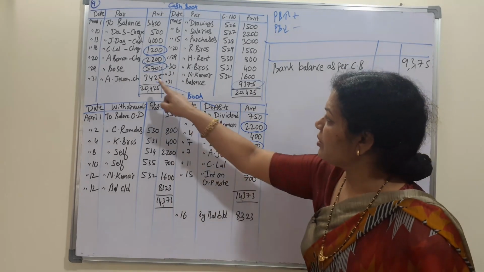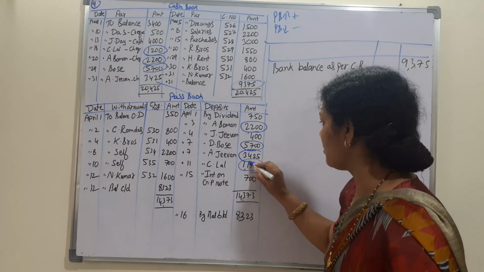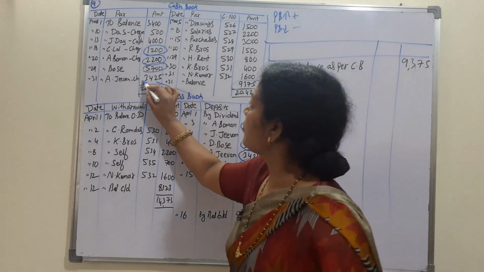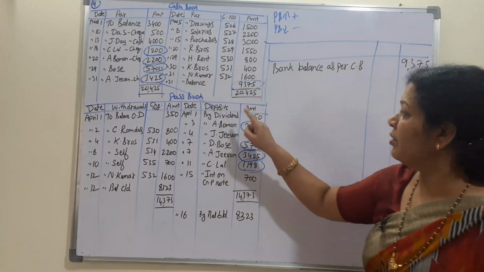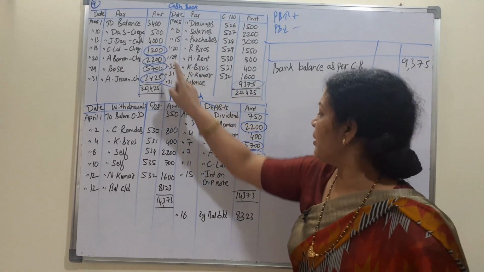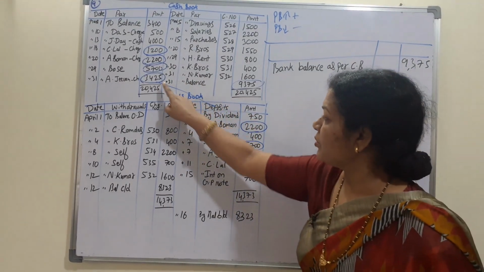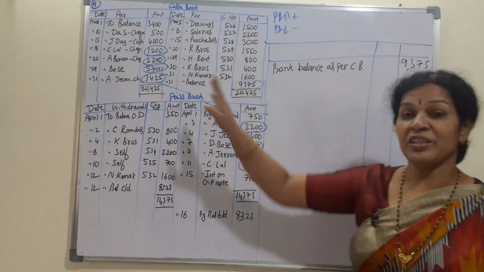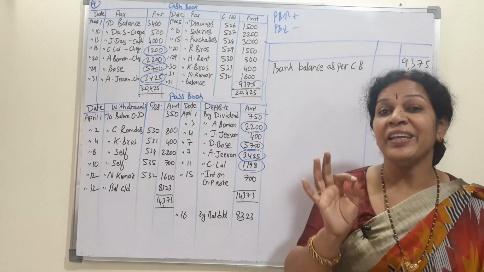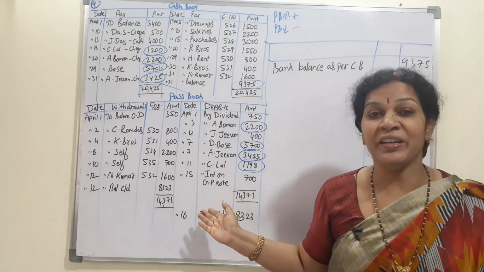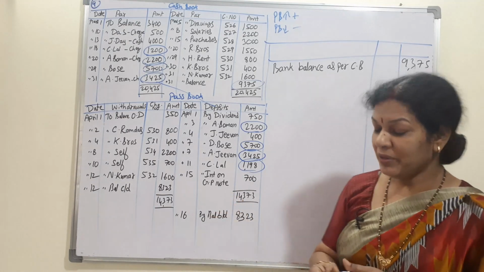Next G1 3425, this one also. Four checks: 2200 here, 1200 here, 5700 here, and 3425 here. Four checks deposited but not credited by the bank in the month of March. So we are finding them in the month of April. March month they did not clear. Now how do we treat this?